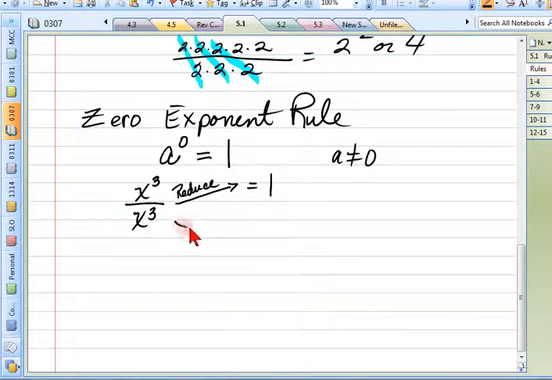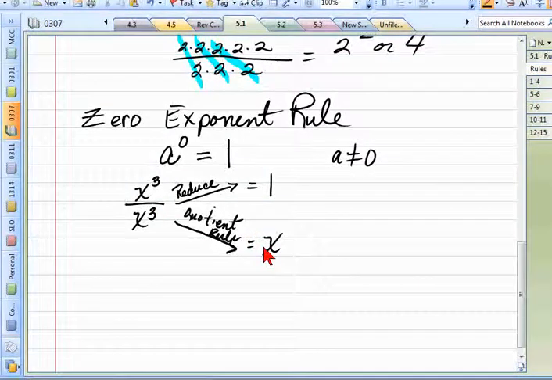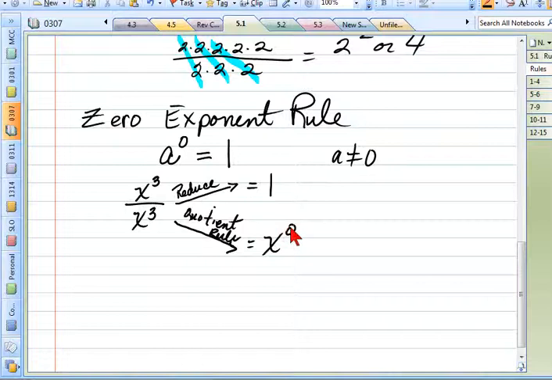But I have something else I want to show you. Let's use the quotient rule. What does the quotient rule say to do with these exponents? Subtract them. So it would be x to the 3 minus 3, which is 0.